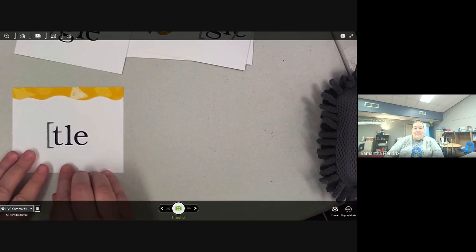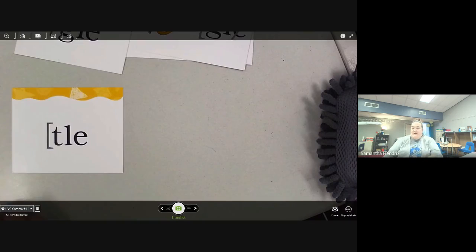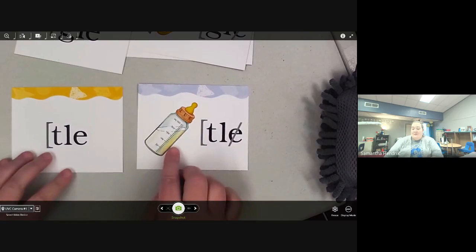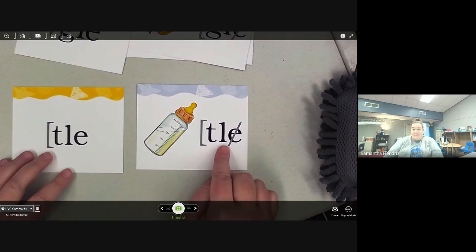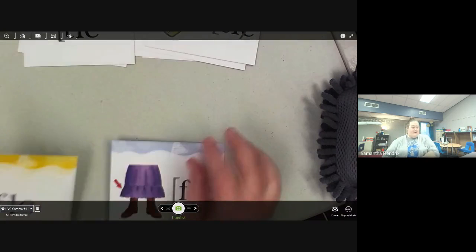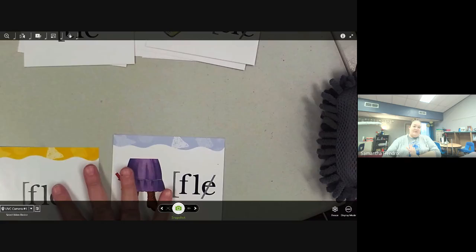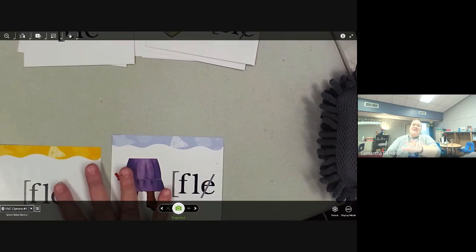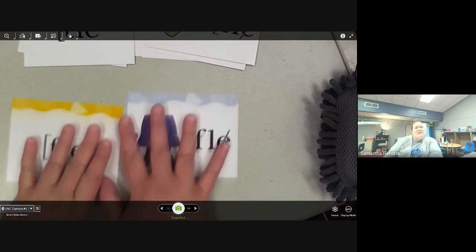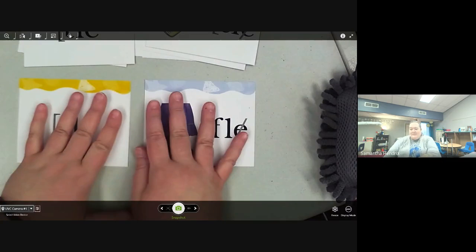Final stable syllable, TLE. Bottle, toll. Okay. Last one. Because they don't do the KLE, the CLE, and the ZLE. These are the ones that have the pictures and their letter cards are the ones that are most common. Okay.